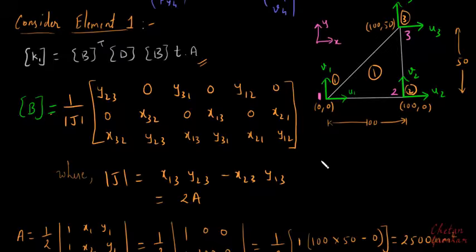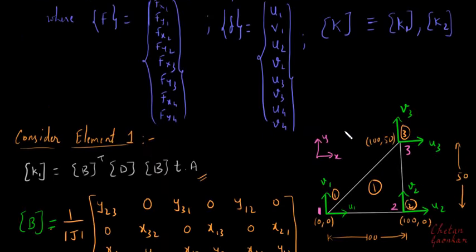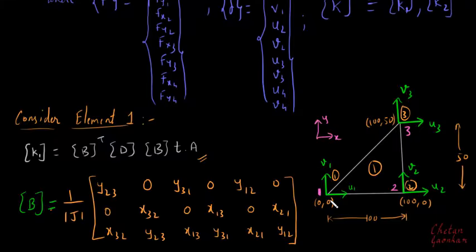If we properly mark these coordinates, the coordinate of node 1 is 0, 0, the coordinate of the second node is 100, 0, and the coordinate of node number 3 is 100, 50.